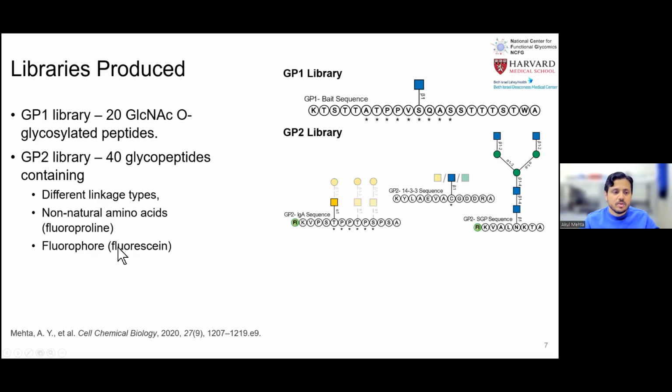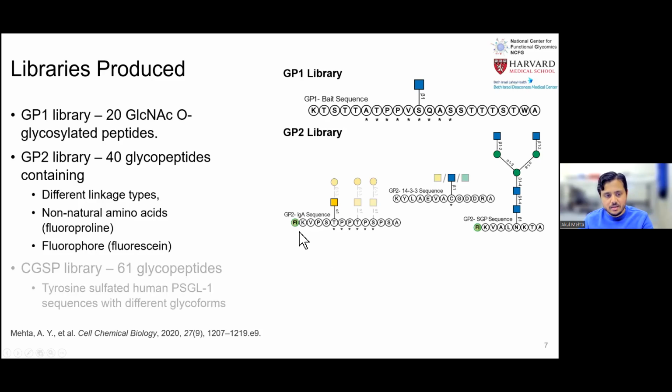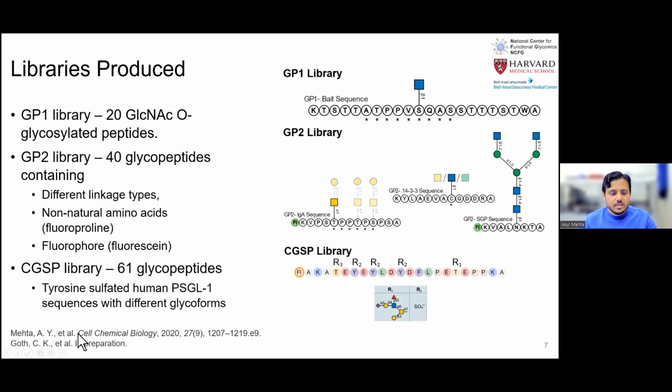And then lastly, we also checked if we could label the N-terminus with fluorophores. So we linked on fluorescein at the N-terminus of these sequences. And in a new paper which we are about to publish soon, we produced 61 glycopeptides.